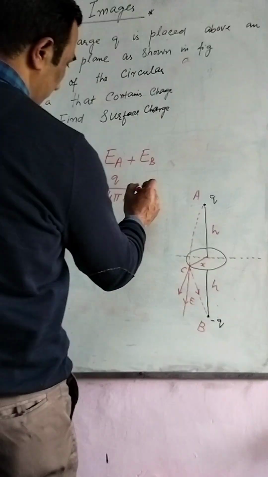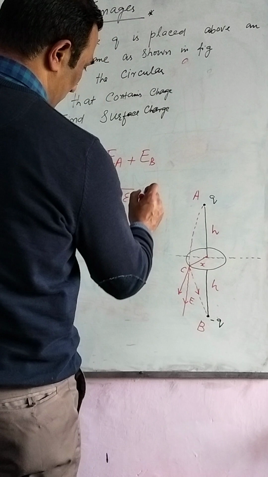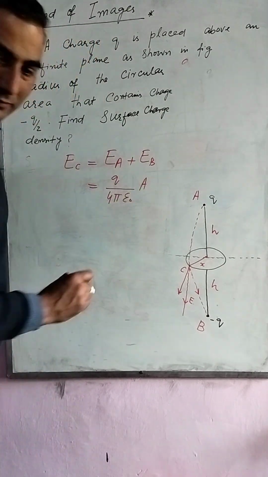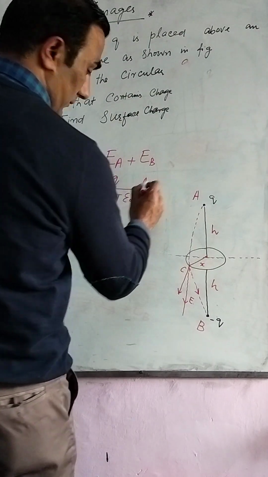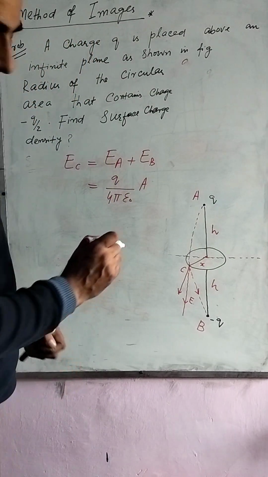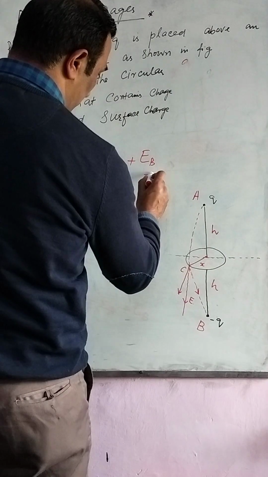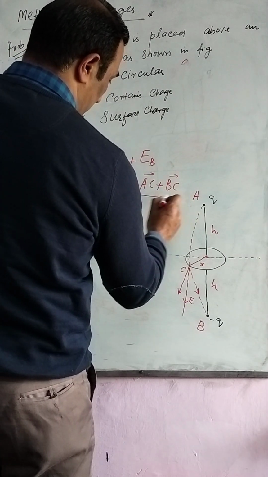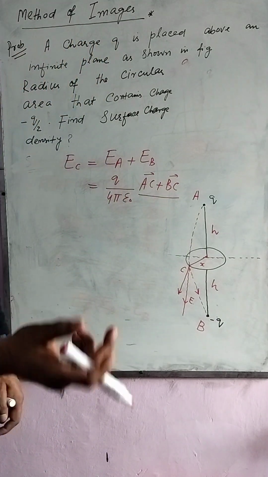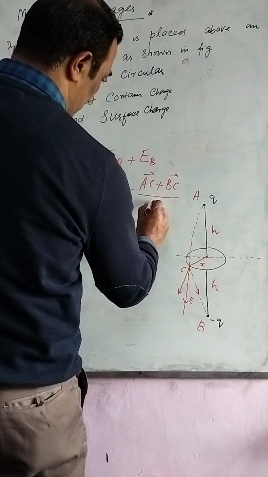And for this, what's AC here? You can add that AC vector plus BC vector divided by, or you can write instead, AC cube and BC cube.